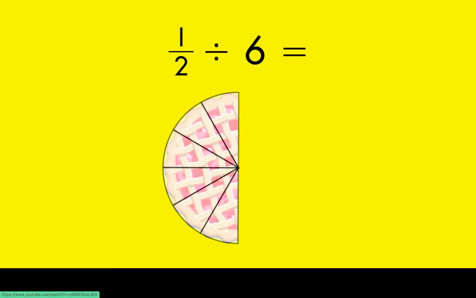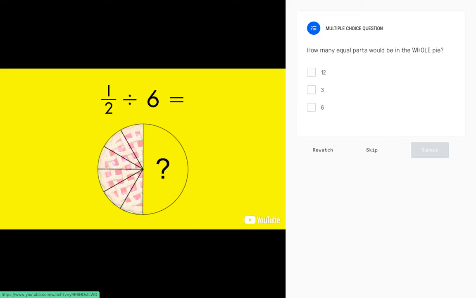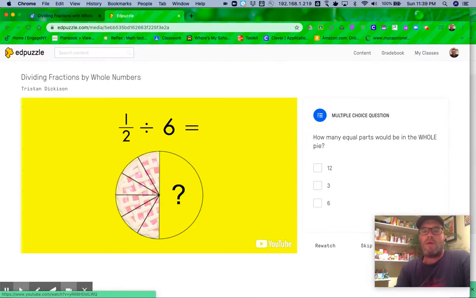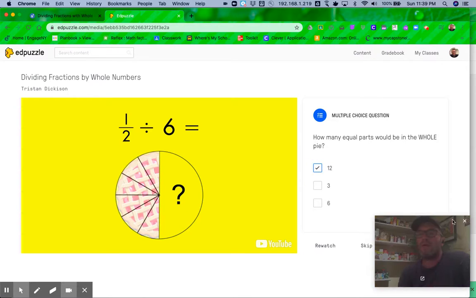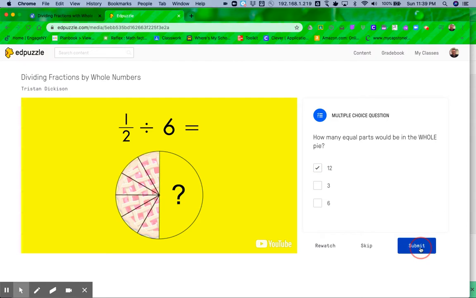Now, if the half contains 6 equal parts, how many equal parts are there in the whole pie? So, how many do you think would be in the whole pie if there's 6 on this side, and there would be the same amount on that side? So, yeah, we're looking at 12 pieces for the whole pie.